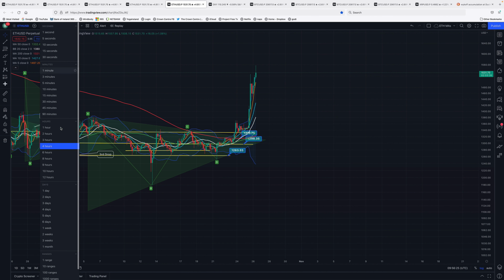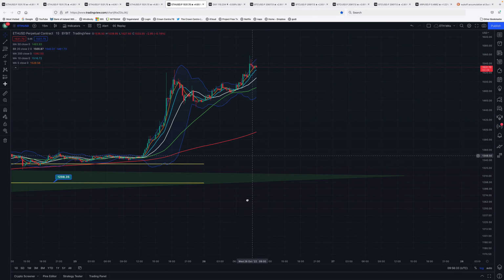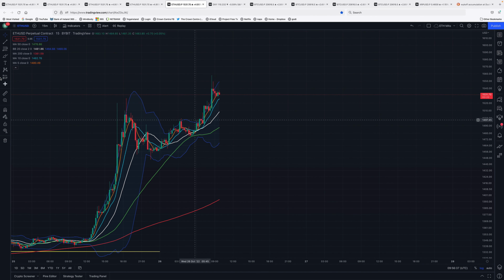And again, if I am to put this on the 15-minute, for instance, here it looks like this is way too shallow even for the 15-minute.